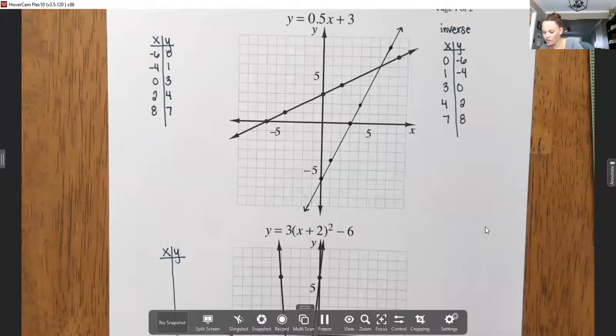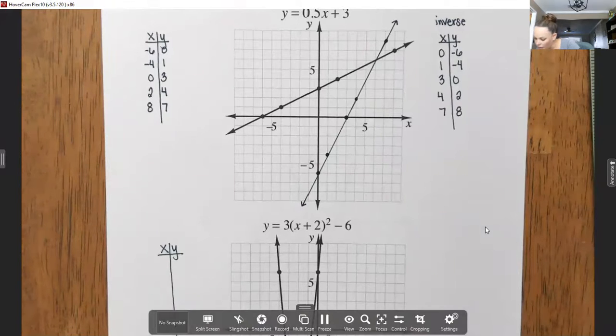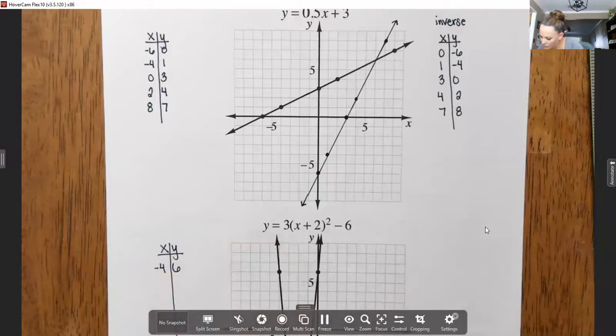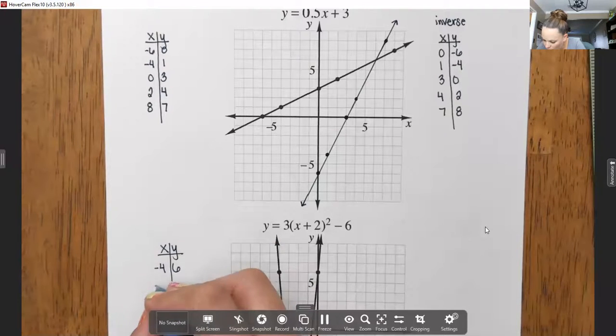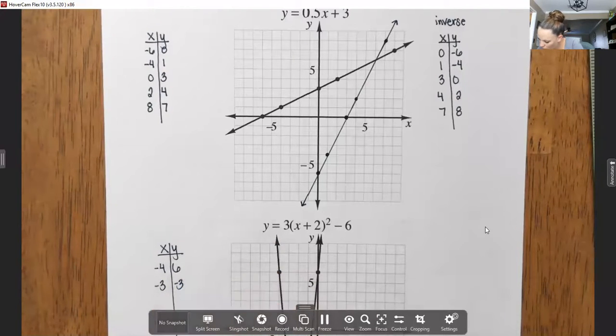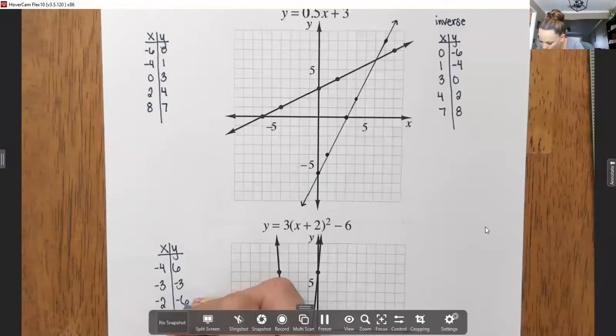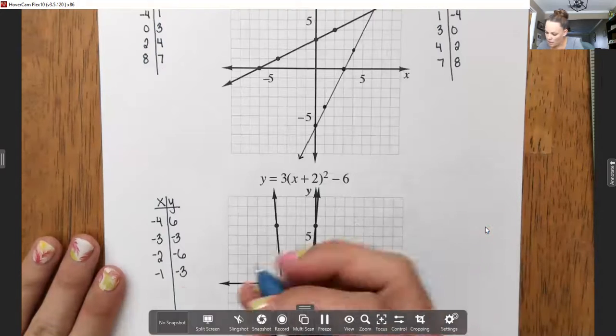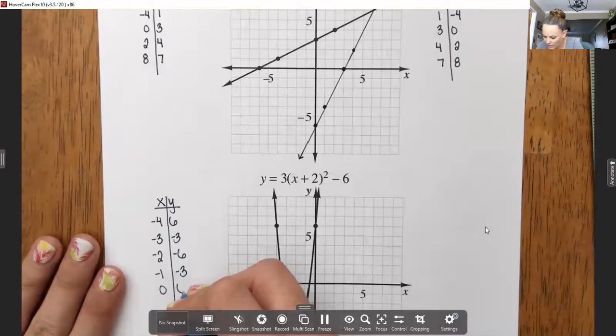All right, so again, we're just going to write the points here on the second one. So -4, 6, -3, -3, -2, -6, -1, -3, and 0, 6.